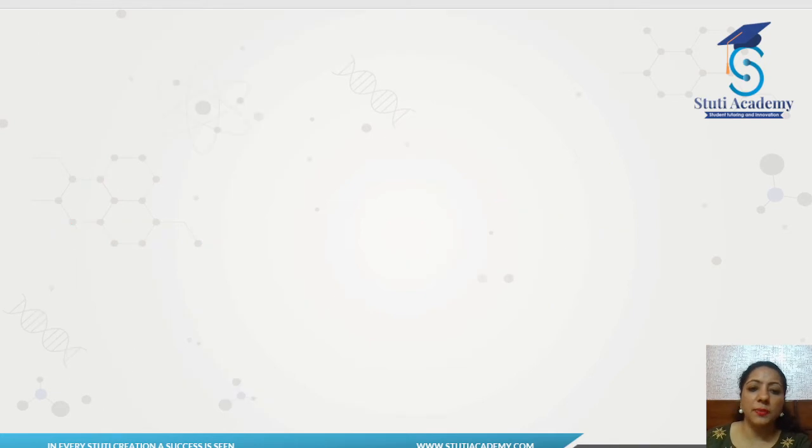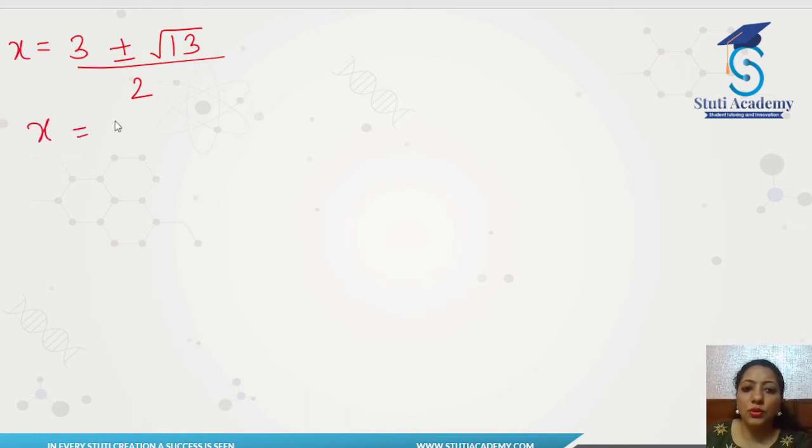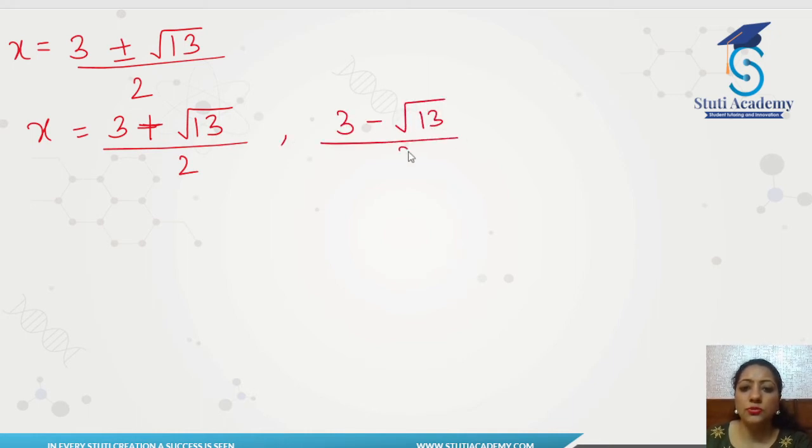So minus minus will become plus 3 plus or minus square root of 13 upon 2. That's the value of x here. So here we have two different values of x. x is equal to 3 plus root 13 upon 2, and we have 3 minus root 13 upon 2. So these are the roots of the given quadratic equation.